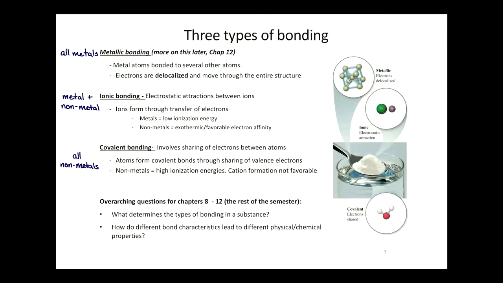An electron gets yanked off the metal and added to the nonmetal, and that is energetically favorable. Ions form through transfer of electrons. Metals, low ionization energy. Nonmetals, very exothermic electron affinities.